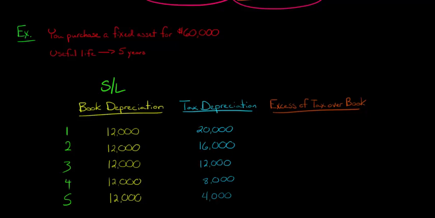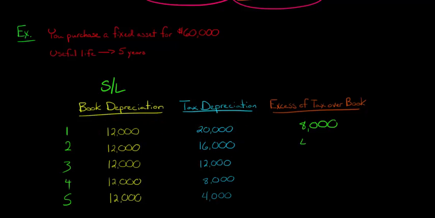So if we think about the extra deductions for taxes over book deductions, we can compute it by saying, okay, well, let's take this 20,000 minus the 12,000. And so in year 1, the excess of tax deduction over book is 8,000. So that means, according to tax purposes, there's a difference of this 8,000 extra deduction, because there's 20,000 of tax depreciation versus 12,000 of book.